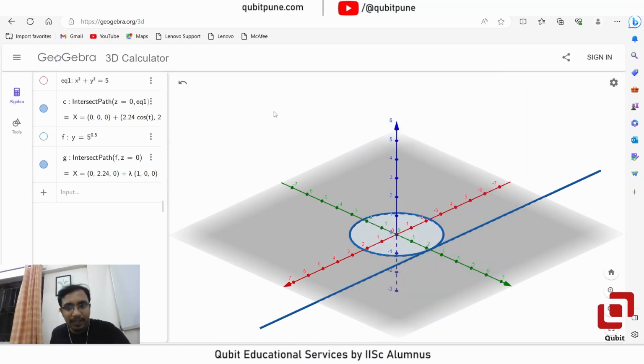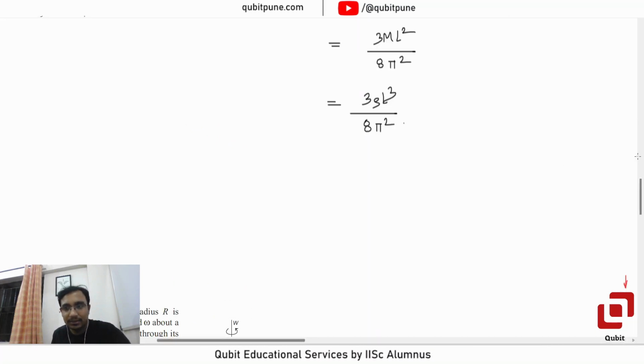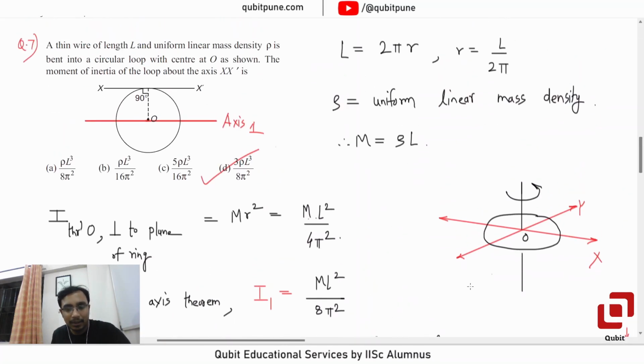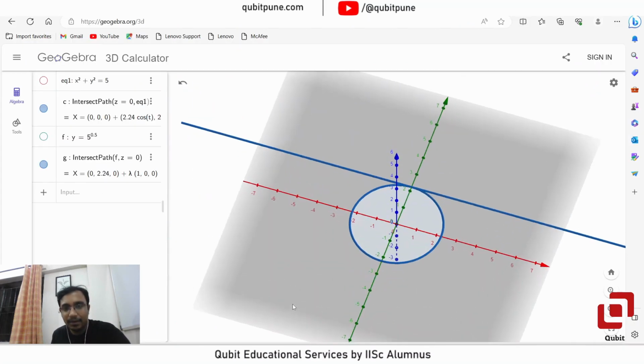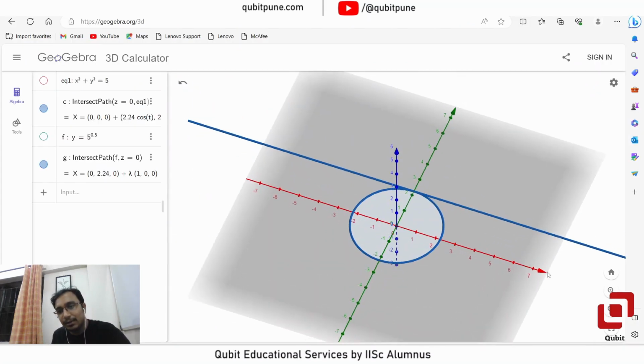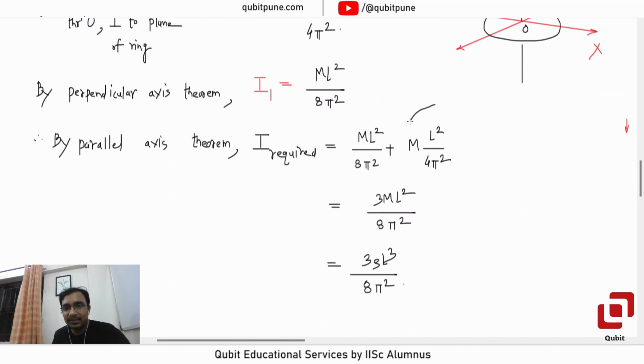Okay, now if you take it about the line that I have shown or which they want, how is the orientation? Okay, it's something like this. Got it? So to shift this red axis by r, so plus mr squared. Got it? And that's this. Yeah, I got that. Yeah, very good.